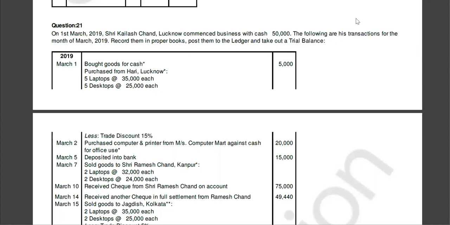In this sum, you are going to see journal, subsidiary books, ledger, trial balance. So this is the whole sum of subsidiary books.